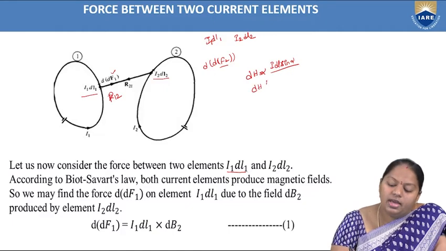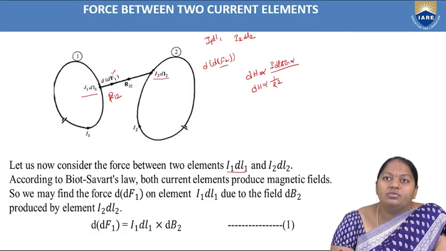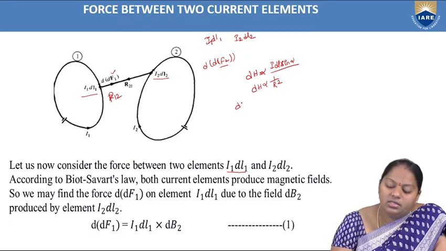Or dH is directly proportional to I dl sin alpha and inversely proportional to the square of the distance between the current element I dl and the point P where we are going to calculate the magnetic field intensity. So the differential component of magnetic field intensity dH is directly proportional to I dl sin alpha by r square.